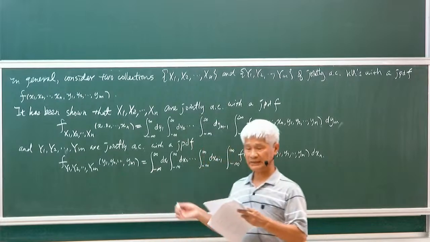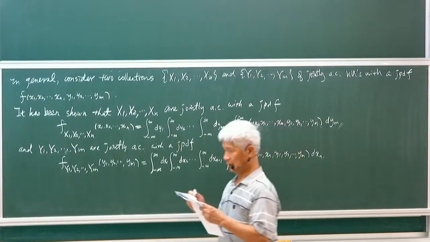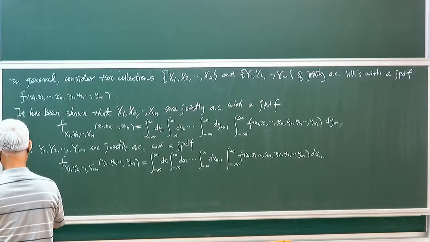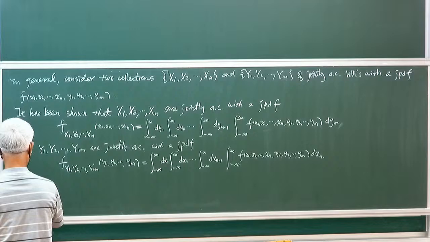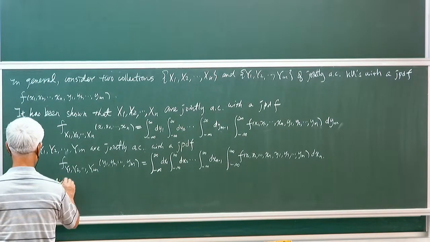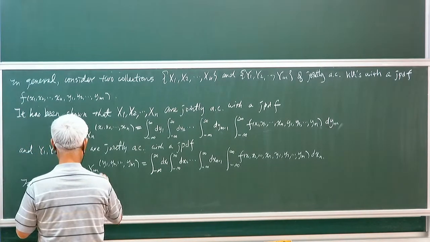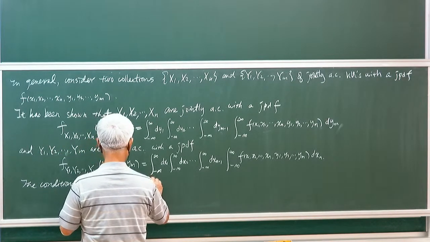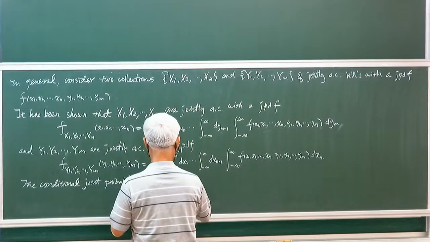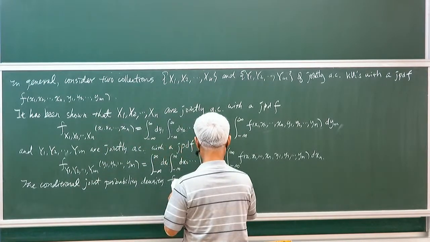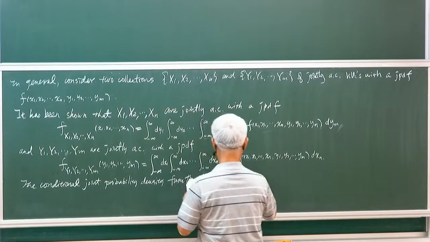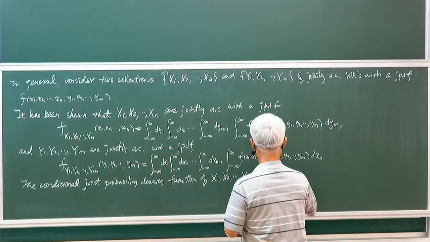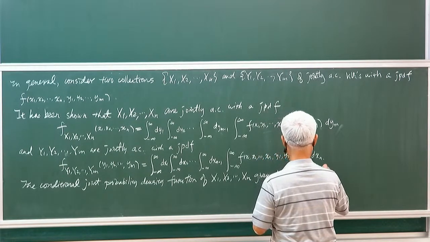Okay, now with this information, we define the conditional joint probability density function. Okay, so the conditional joint probability density function of the X variables, given that the Y variables have specific values.